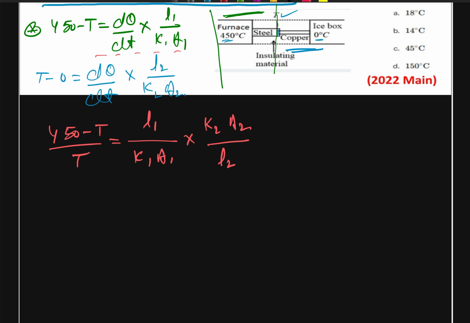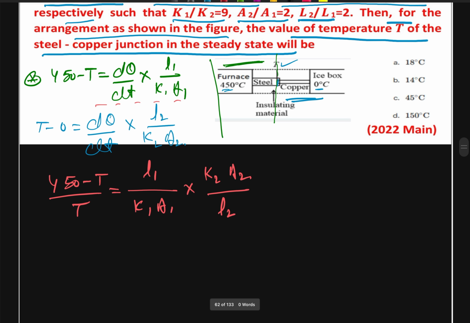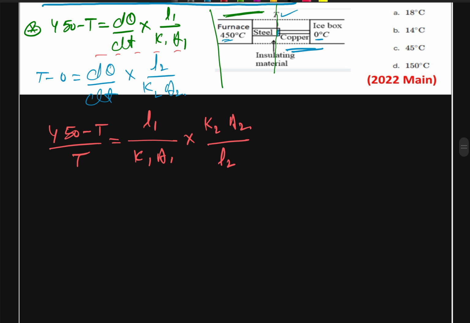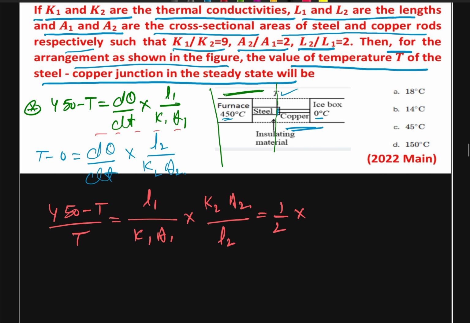The ratios are given to us. We are given L2 by L1, so this will be 1 by 2, multiplied by K1 and K2.